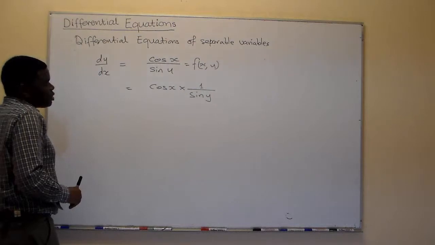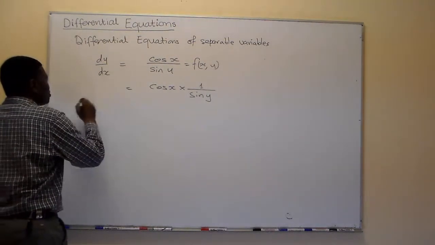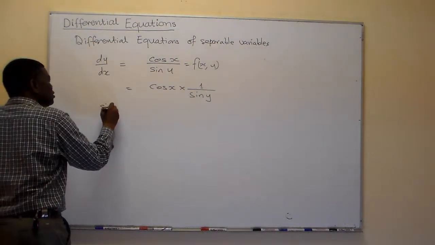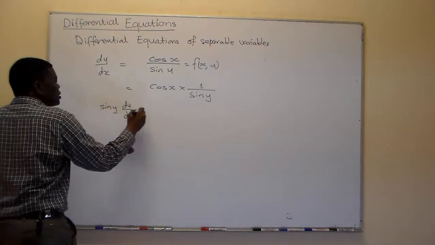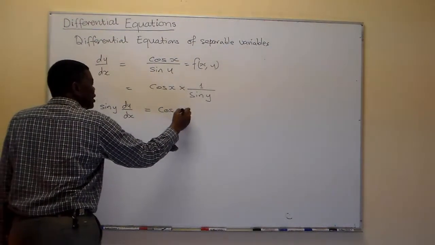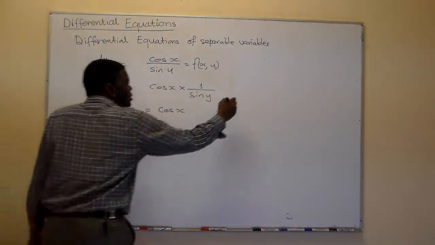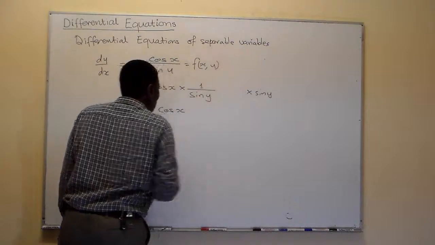So what you can do now, separate variables, you can multiply both sides by sine y, which is going to give us sine of y dy over dx equals to cosine x.